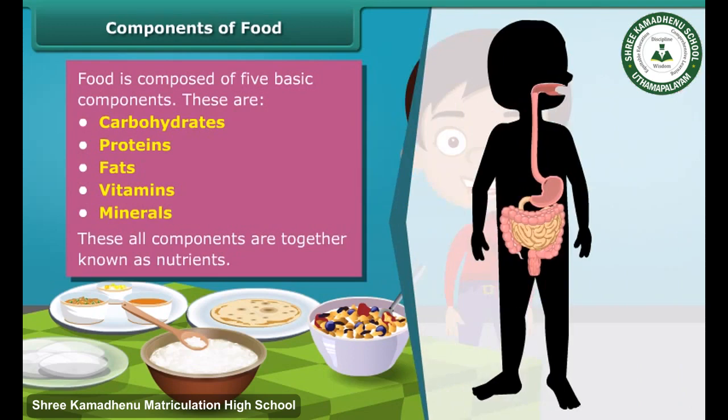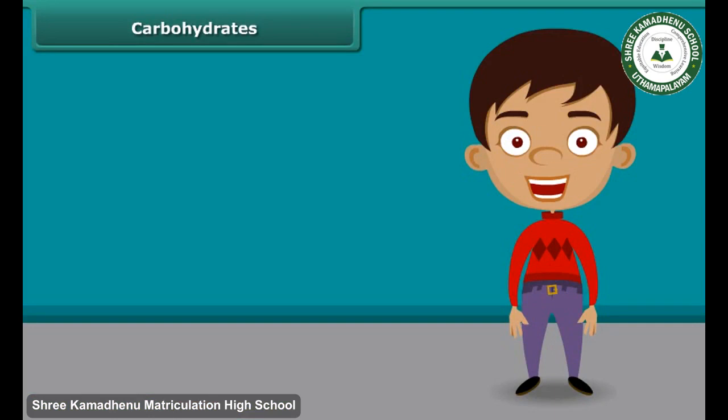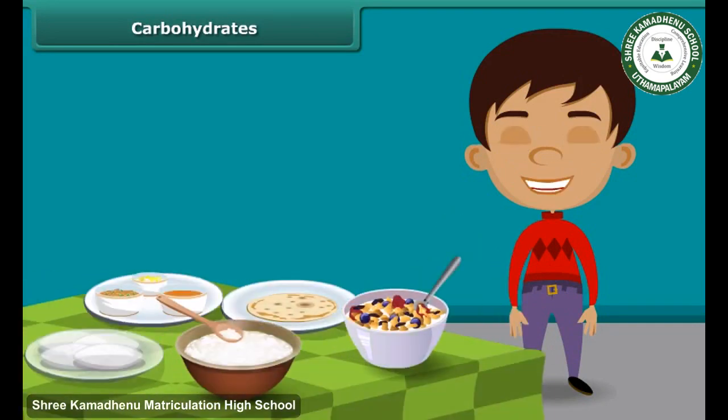A body digests food and absorbs these nutrients to provide energy. Some nutrients help us fight against diseases. Do you know this fact that each food item contains all nutrients in different amount and each nutrient plays a different role in the body?